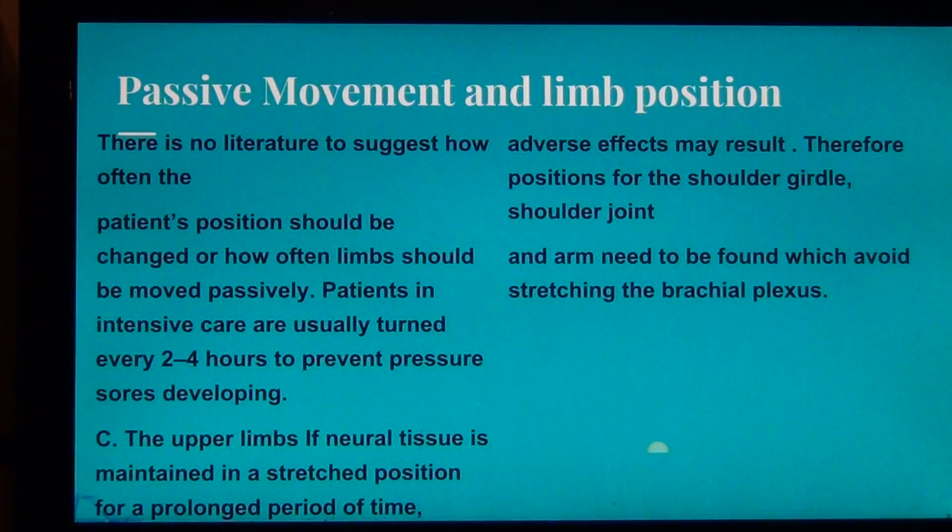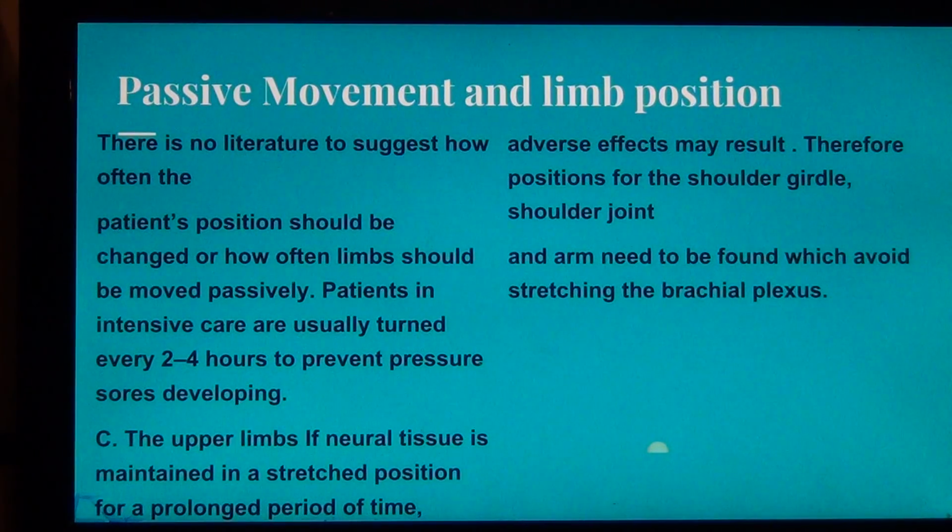There is no literature to suggest how often passive movement should be performed, how often patients should be changed, or how often the limb should be moved. Some intensive care units, what I found, like to perform that about every 2 to 4 hours to prevent muscle stiffening, and it also helps prevent sores. Passive movement is a good thing.